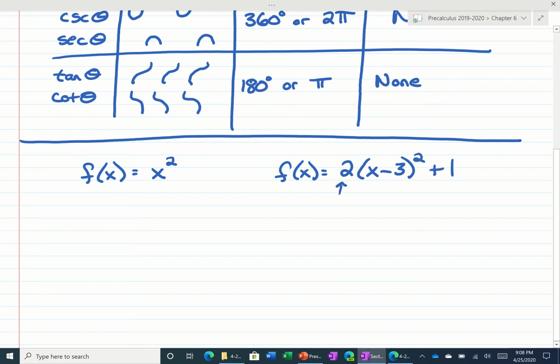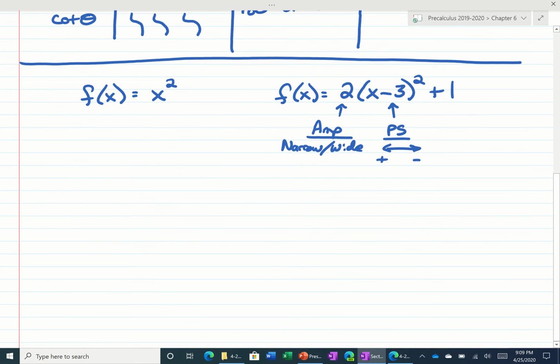This is going to be similar to the amplitude. It's going to make the graph stretch, get narrower or wider. This number is going to relate to our phase shift, which is going to move the graph left and right. All right, so that's just kind of like a little review.